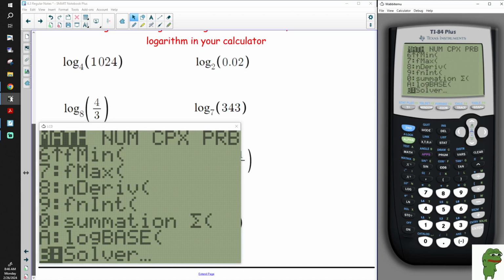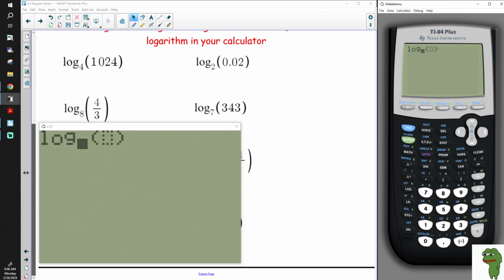You will see log base. I'm going to select log base. And you can see I now have a log in my calculator where I get to choose any base I want. In this problem, I need a log base 4. So I'm going to plug in 4 for my log. And then I'm going to click the over arrow to get to where the value goes. And then I type in 1024.